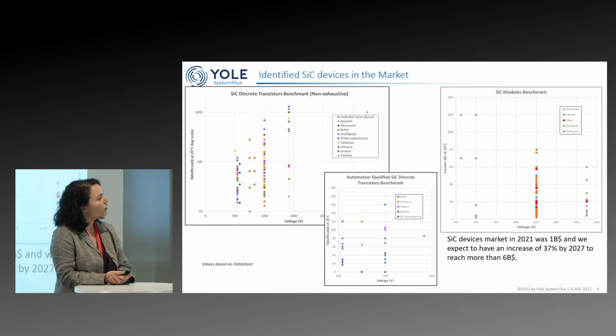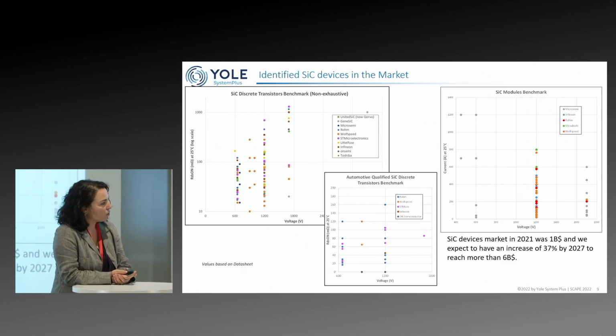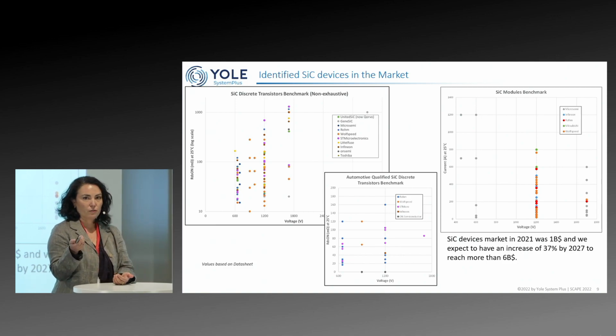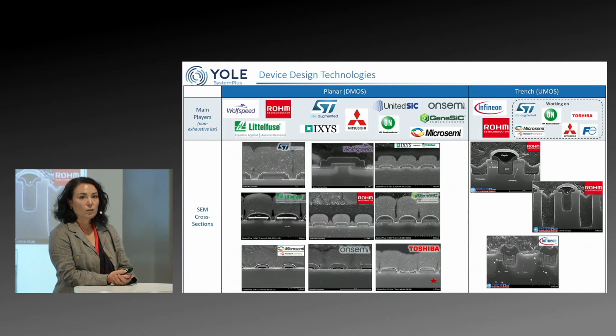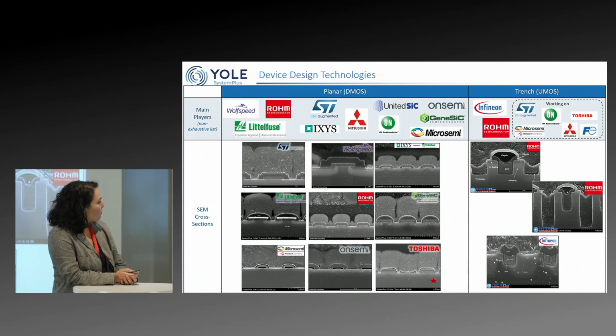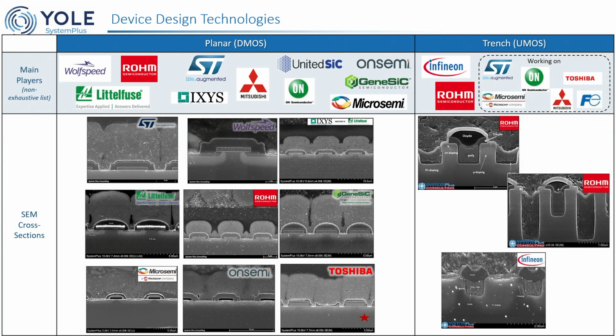In terms of modules, since we are going to higher power, the voltages are mainly 1,200 and 1,700 volts modules.